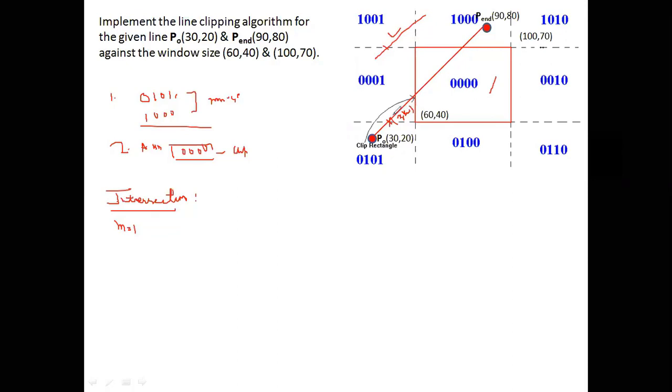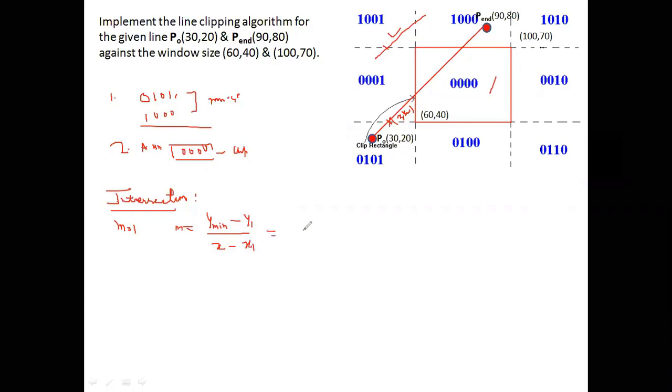Now what is m for this remaining part? m will be equal to y min minus y1, let's say this point is y1, upon x minus x1.